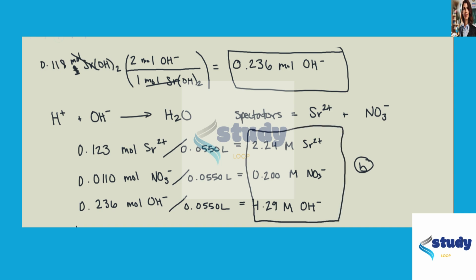The last thing that we're asked is to tell whether the solution is acidic or basic. Remember, we said that we have 0 moles of H plus left. There are no more hydrogen ions.